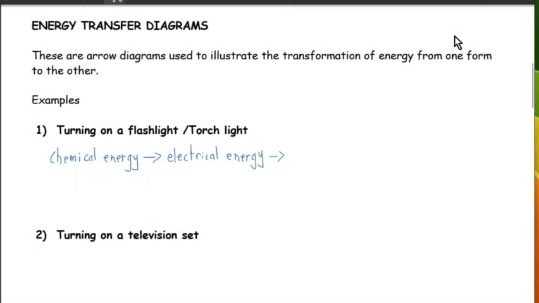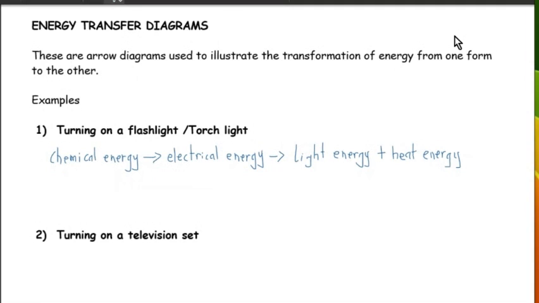So the flashlight turns on, and then we have light energy. And if the flashlight is kept on for a long time, we also get some heat energy. So I can say plus heat energy. So this is the energy transformation that takes place when a flashlight or a torchlight is turned on.